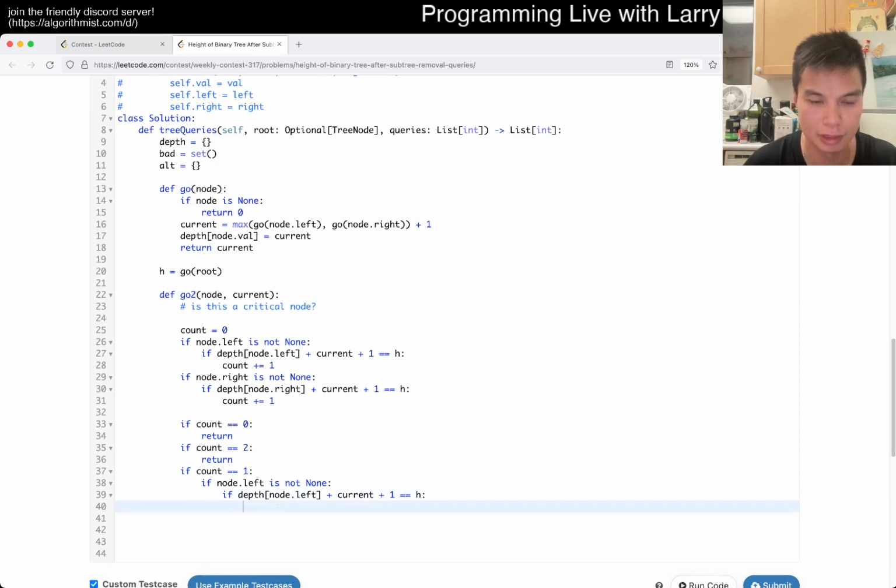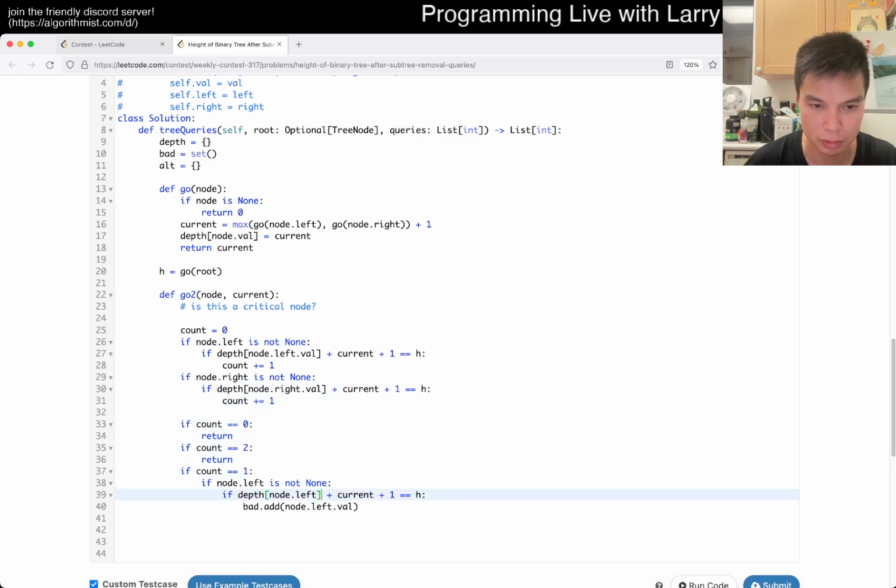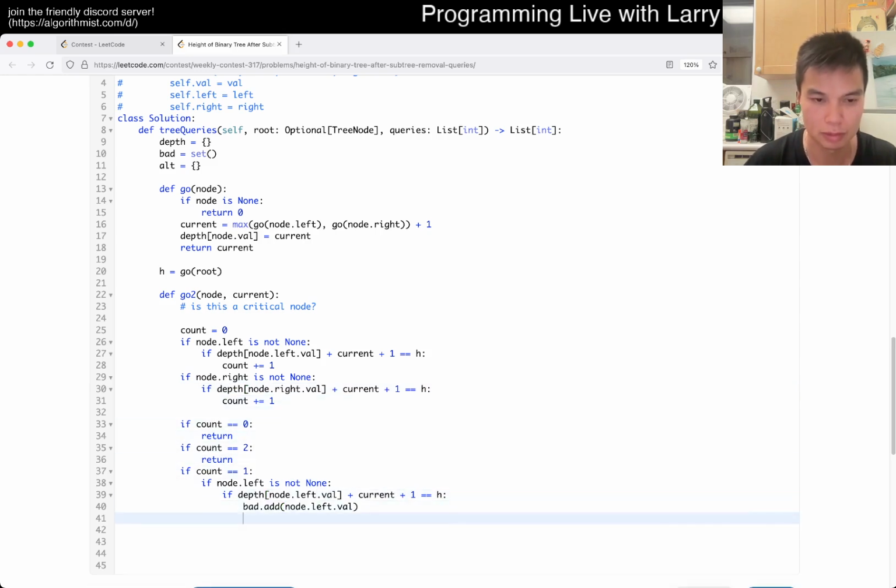If this is the case, then bad is, this is actually dot left dot value. And then go to of node dot left current plus 1.